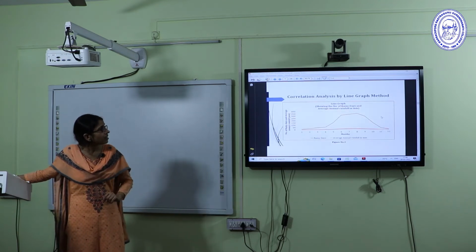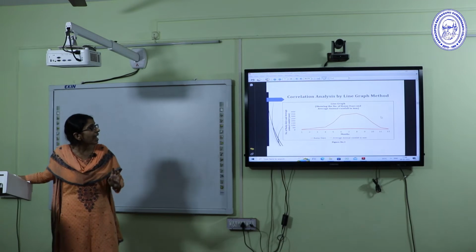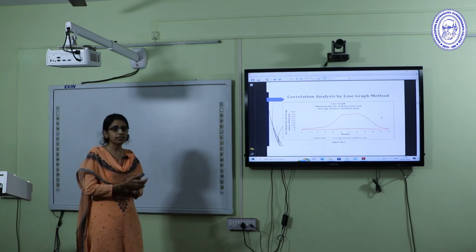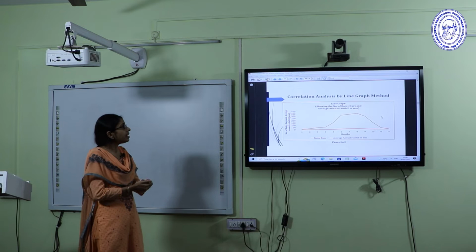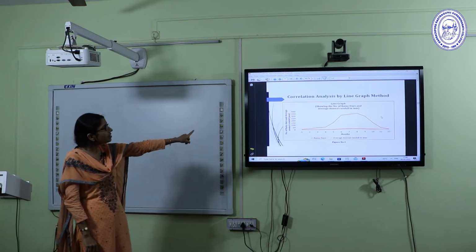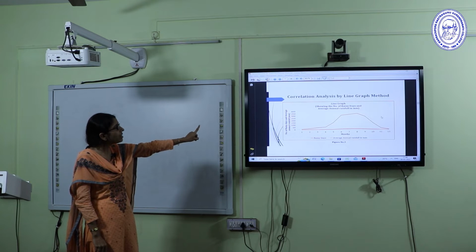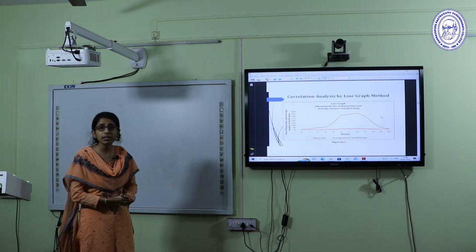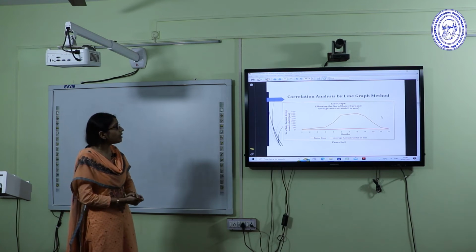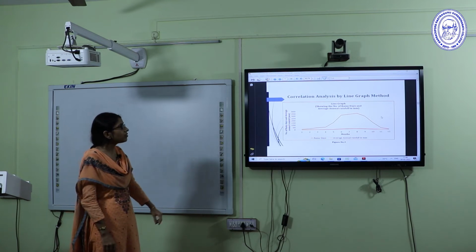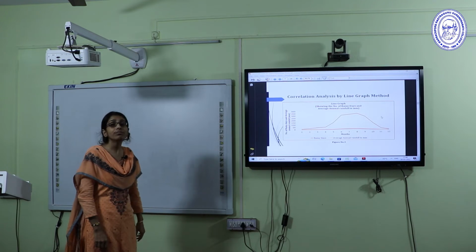Now, here is the correlation analysis by line graph method. Here we can see that in the y-axis we show the number of rainy days and average annual rainfall in millimeters, whereas in the x-axis we show the 12 months.